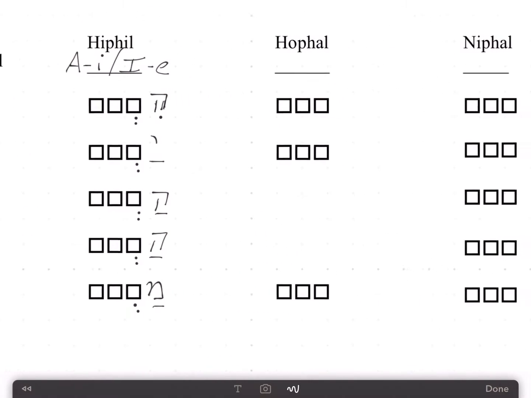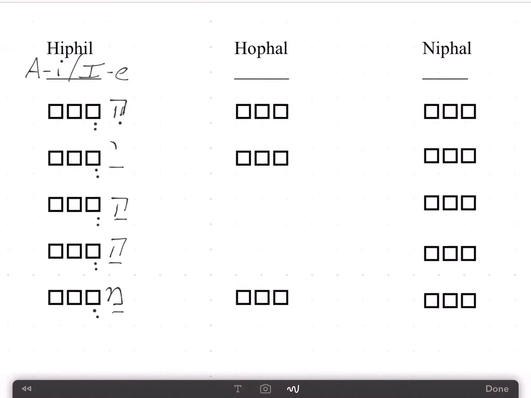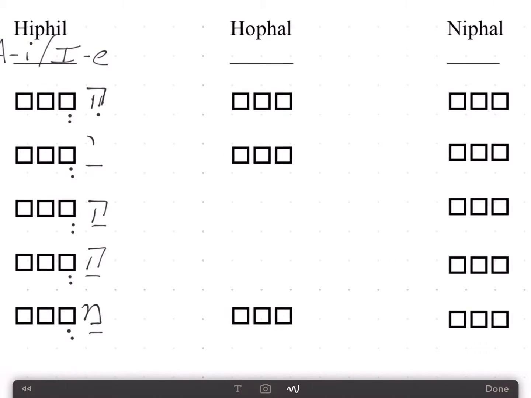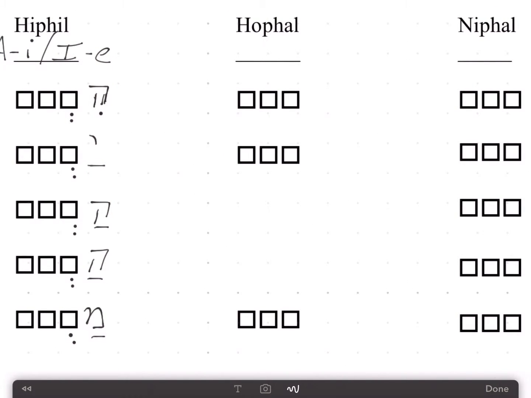Let's keep going over and let's move over to the Hofal. Okay, so Hofal, we're going to have AA theme vowel, and we're going to have our blessed Komet Satuf, Ho, and then we get Yo, and then we get Mo.